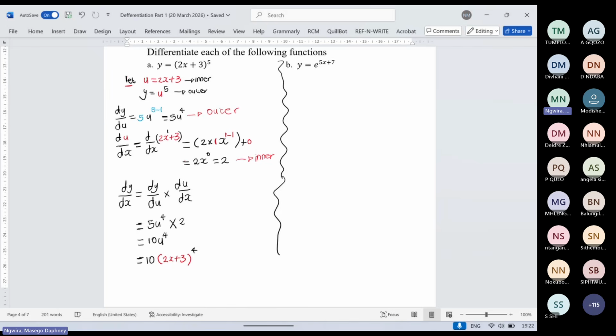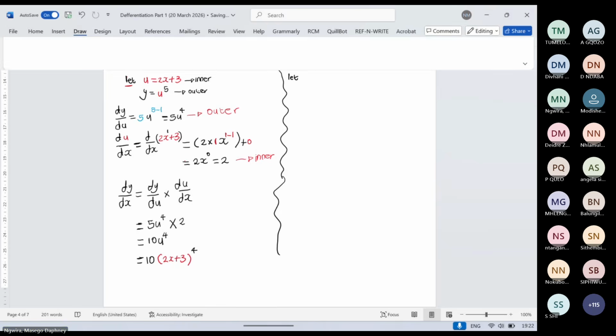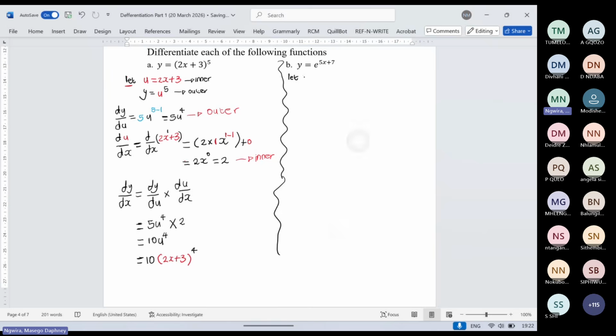So now let's do it again. You don't have to write "let", I'm just going to say let. Let u, my u in this case is going to be what? 5x plus 7. I'm letting my u be 5x plus 7.